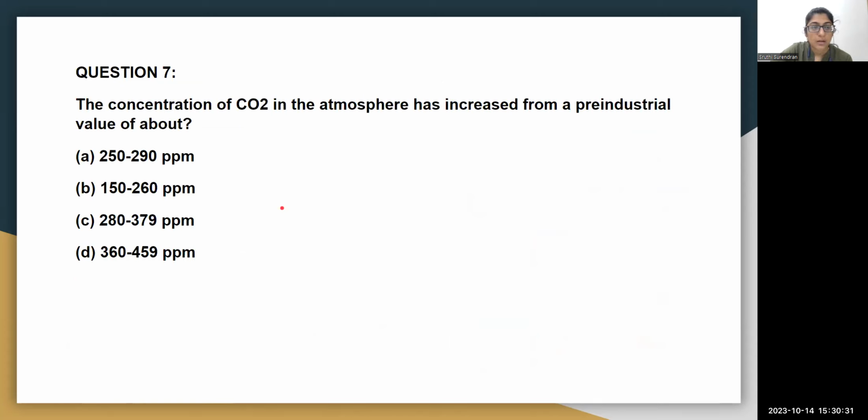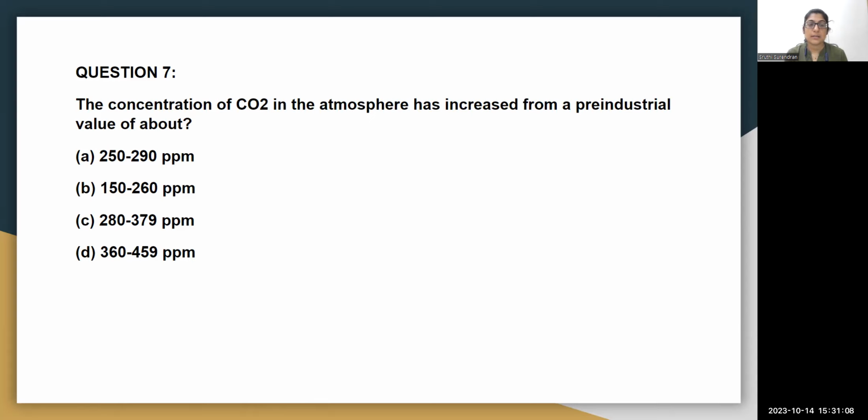Okay, moving on. The concentration of carbon dioxide in the atmosphere has increased from a pre-industrial value of about what? So, we talk about climate change in terms of the industrial and pre-industrial eras. The industrial era is the time after the industrial revolution when we started using fossil fuels for various activities, and a huge increase in factories, industries and manufacturing units.